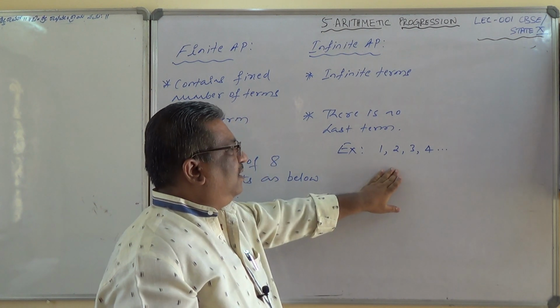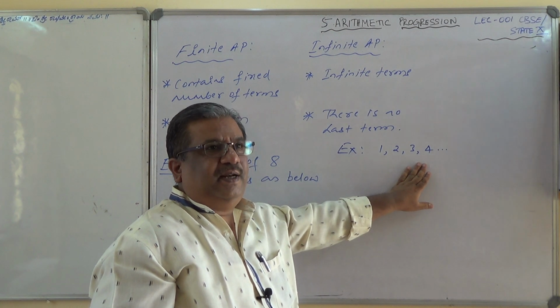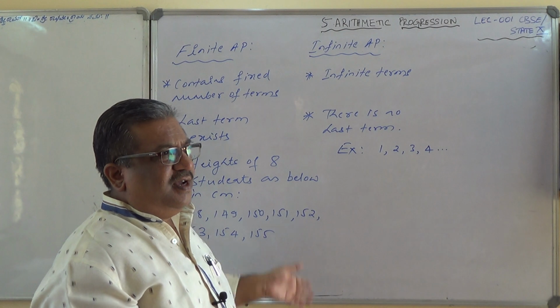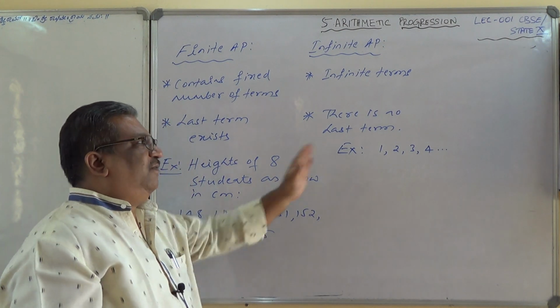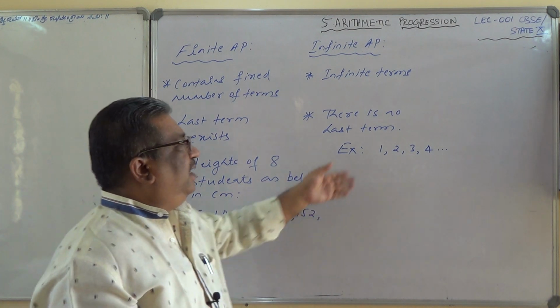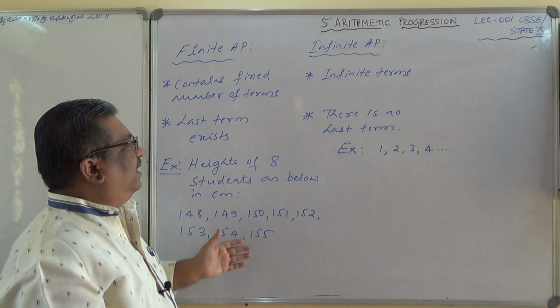So in this case, can you find out the last term? Do you know how many terms? Therefore this is called an infinite AP. That's the only difference here. Finite AP has a fixed number of terms, infinite AP has no fixed terms. In finite AP there is a last term available, and in infinite AP there is no last term available. So this is the main difference between finite and infinite AP.